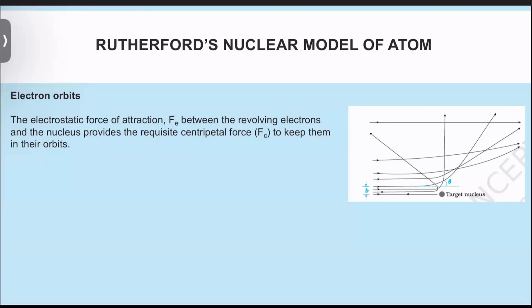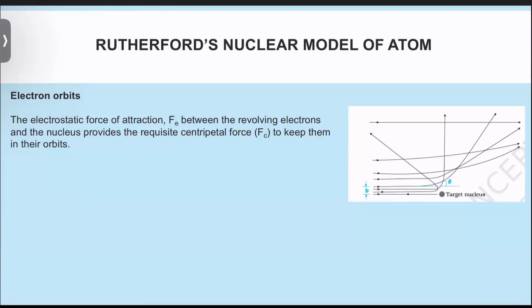We are considering very classical concepts in the nuclear model given by Rutherford, which gives us the understanding that the atom is an electrically neutral sphere, consisting of a very small, massive, positively charged nucleus at the center, surrounded by a cloud of electrons, where the electrons are revolving in their respective stable orbits.